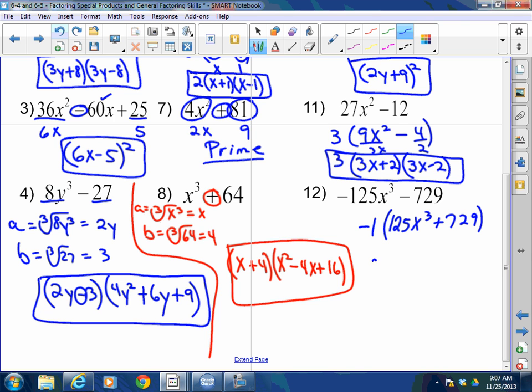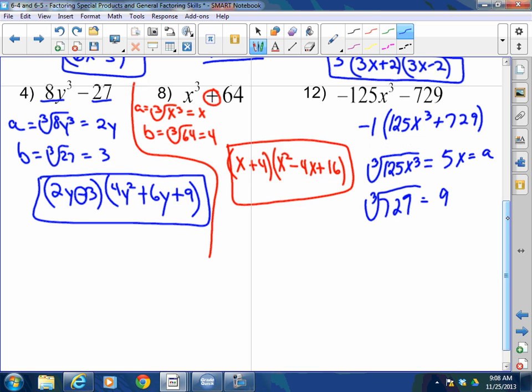Okay. What's the cube root of 125x cubed? 5x. That's my a term. What is the cube root of 729? 9. Very good.